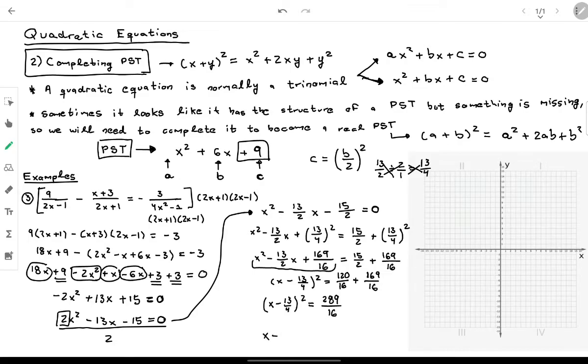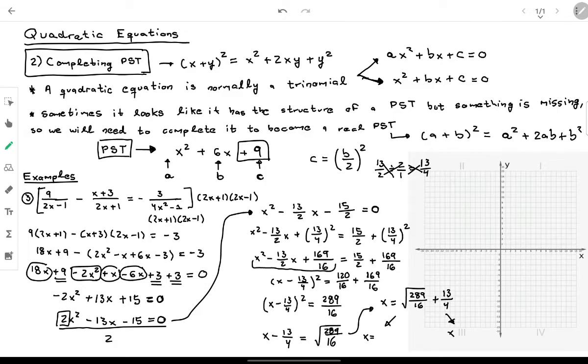What happens next? Remember, x minus 13 quarters, we can change the square power to a square root. So it's going to be x equals the square root of 289 over 16 plus 13 quarters. So we will have two possibilities, one positive and one negative.